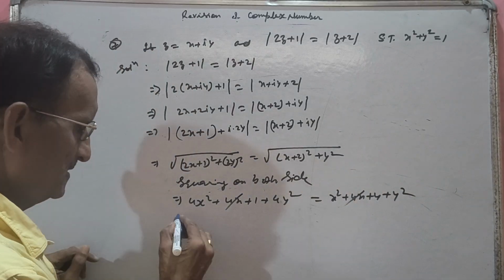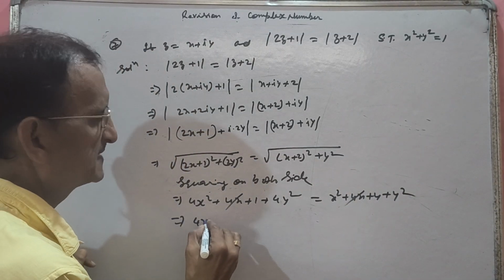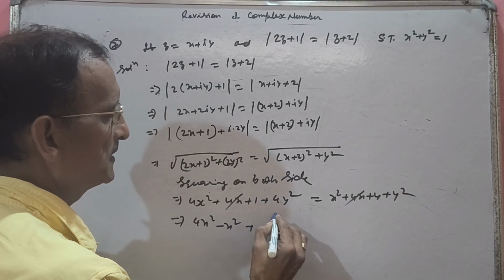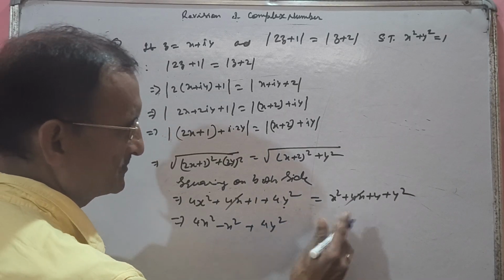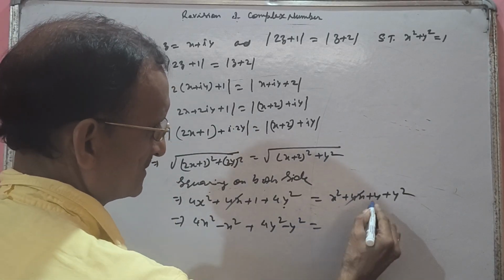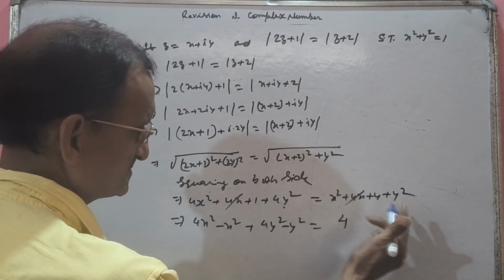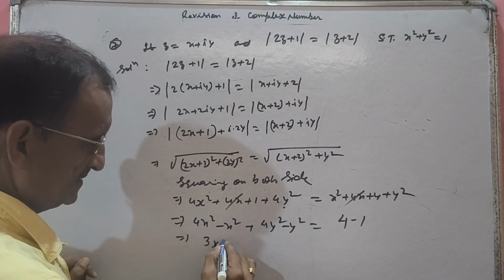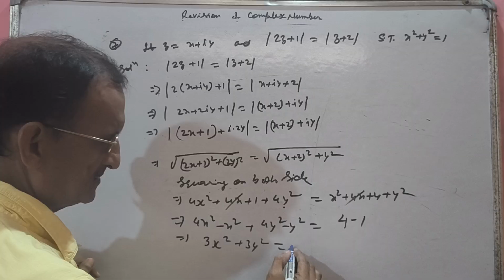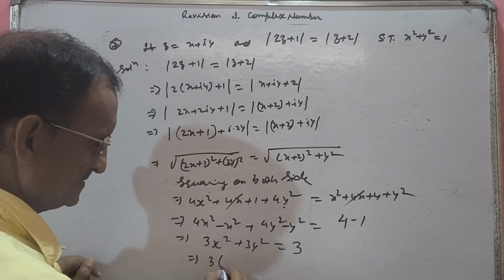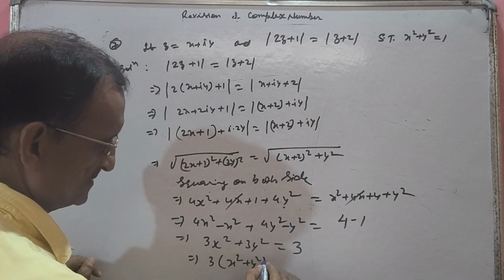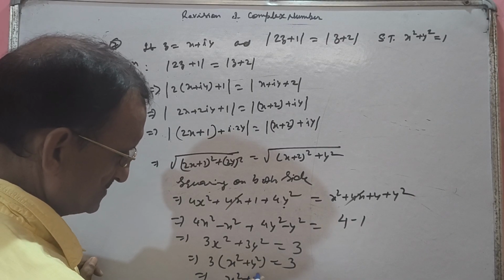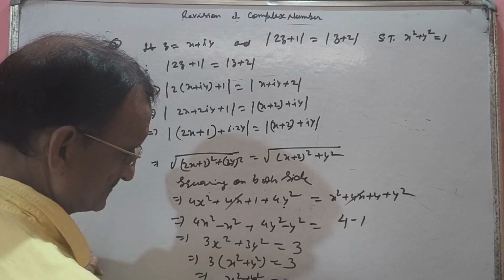What is left? 4x square minus x square plus 4y square minus y square is equal to 4 on this side minus 1. How much will it be? 3x square plus 3y square equals 3. If we take 3 common, x square plus y square equals 1.